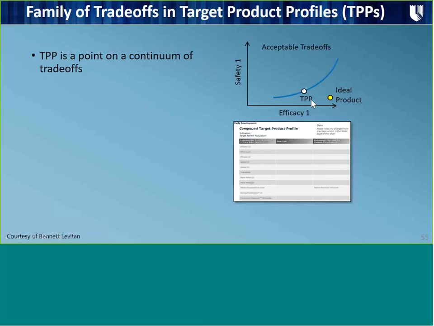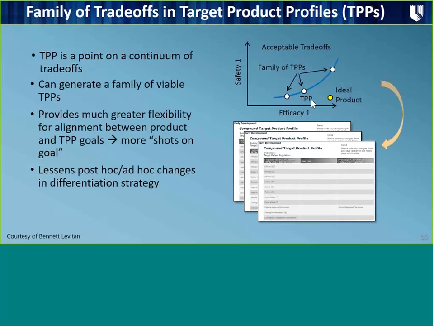But there's no reason, understanding that preferences in terms of tolerance of risk vary by the benefit offered and vice versa, requirements of benefit vary by the risk level that you're asking the patient to bear, there's really no reason why you couldn't consider a continuum of TPPs that take into account the information that you have elicited about patients' willingness to accept different combinations of benefits and risks.